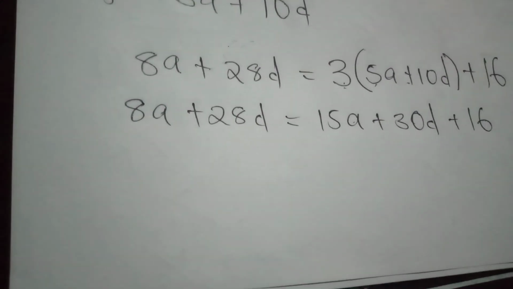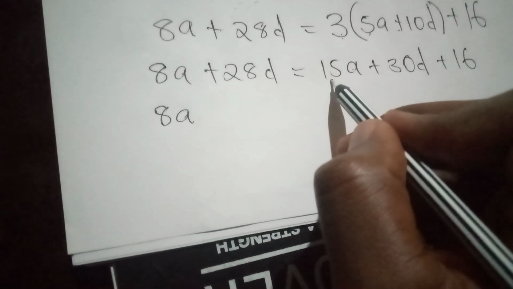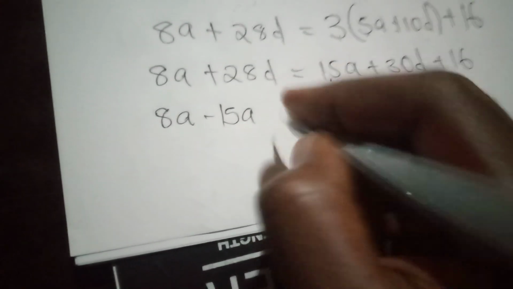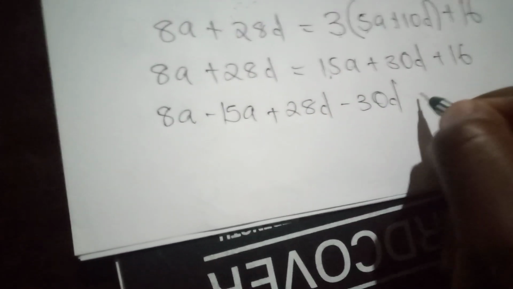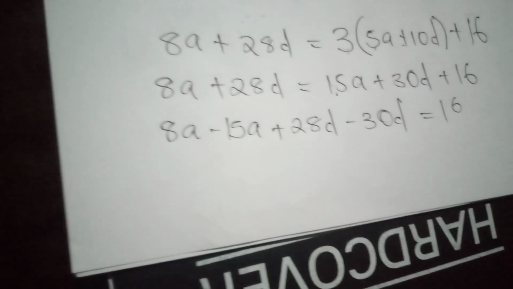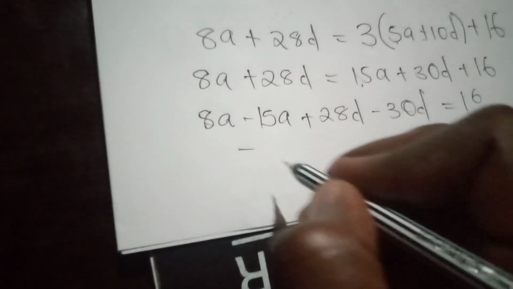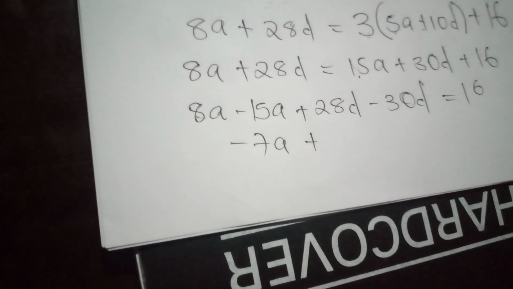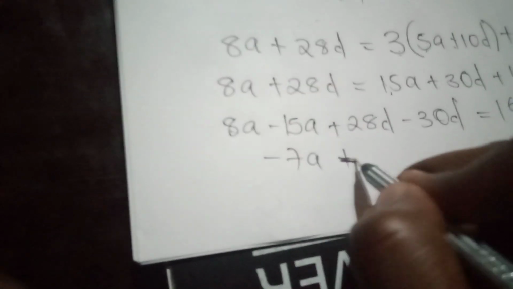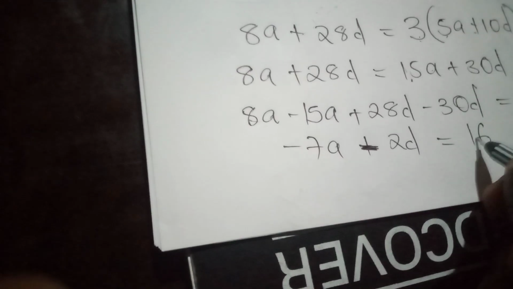So what remains? Collection of like terms. If I collect, 15a is going to cross the equal sign to become negative: 8a minus 15a plus 28d minus 30d is equal to 16. So there I'm going to obtain negative 7a, sorry, negative 7a minus 2d is equal to 16.